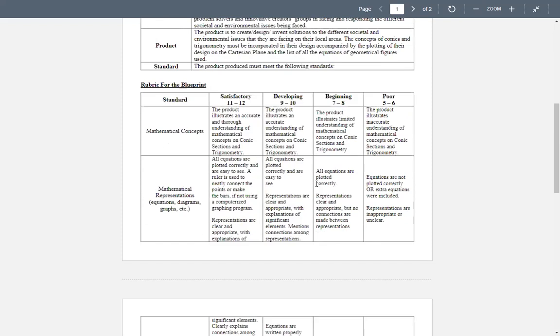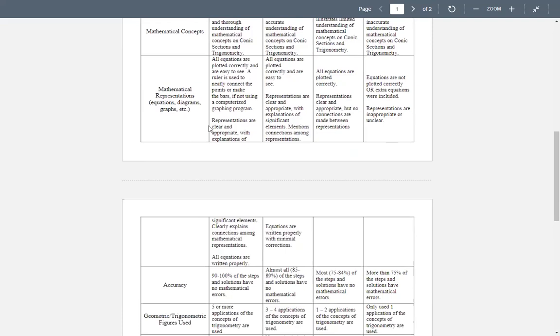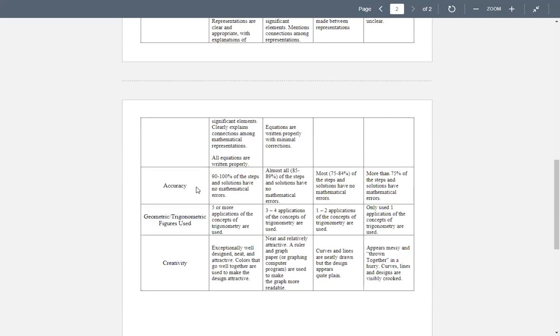For your standard, the product produced must meet the following standards. You will be graded according to your mathematical concepts, your mathematical representations such as your equations, diagrams, graphs, etc. Then your accuracy, the accuracy of your computations with trigonometry and with conics.